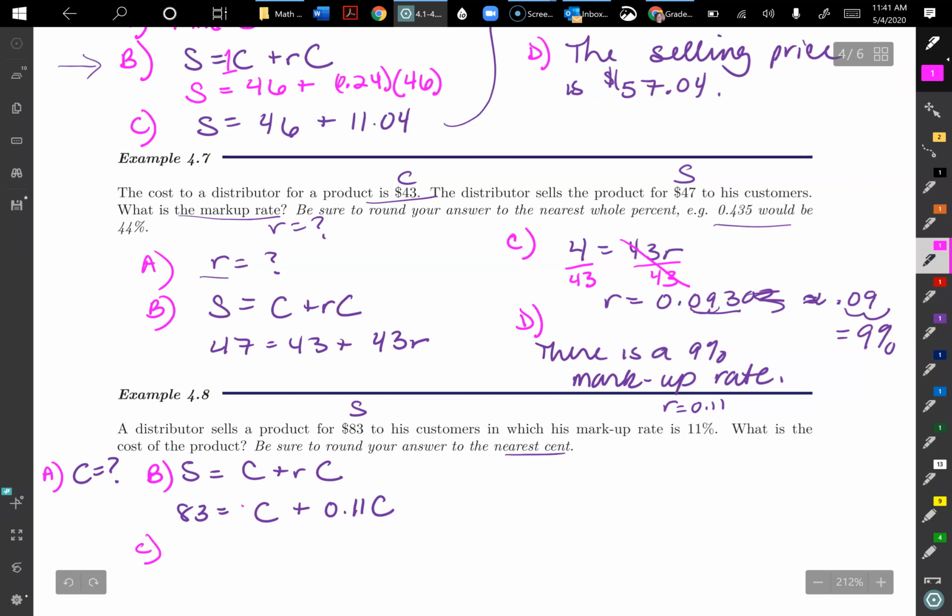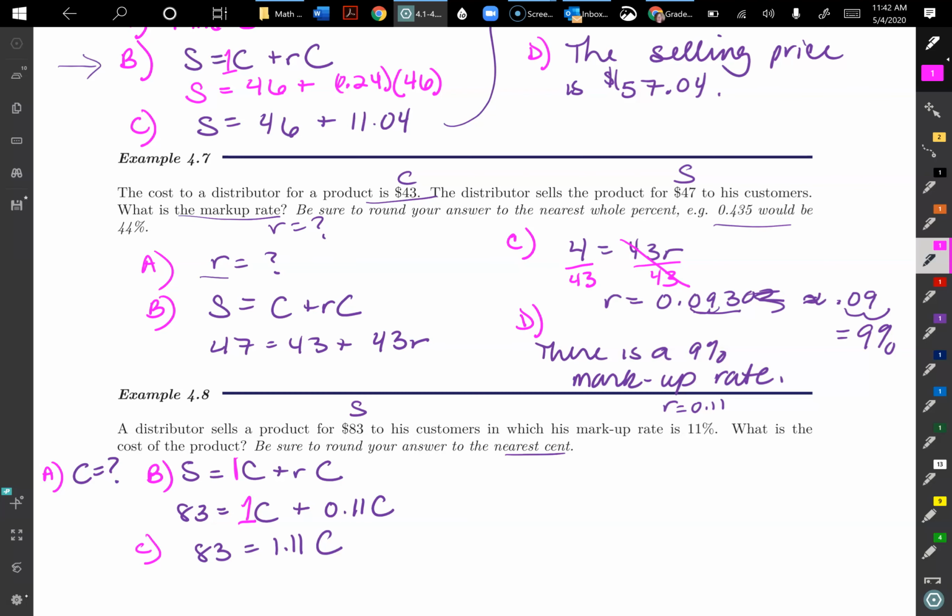Now, think of it this way. This is a 1, right? 100% of C plus 11% of C. So all together, we have 1.11C when we combine our like terms. Sometimes that throws people off. So remember, if there's no number there, no coefficient, it's always a coefficient of 1.